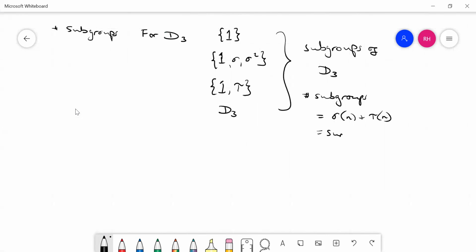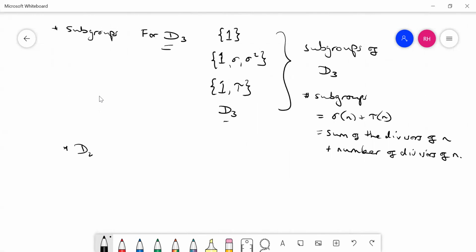I think it's the sum of the divisors of n plus the number of divisors of n. All I'm hinting at is that there's a reasonably simple formula for the number of subgroups. But if you work that out for D3, you'll see that there are other subgroups. So that might be a good exercise for Benny and any others.